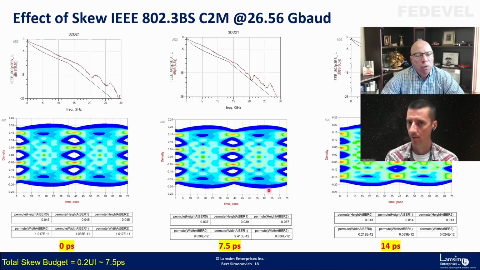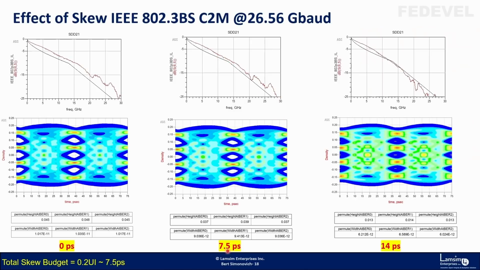So if I introduce 7.5 picoseconds, which is this 20% UI, the eye is pretty much the same. We just started to affect the eye. With PAM4, it's worse than NRZ because the 3 eyes make more of a difference. You can see the eye starting to close and the insertion loss getting closer to the spec.